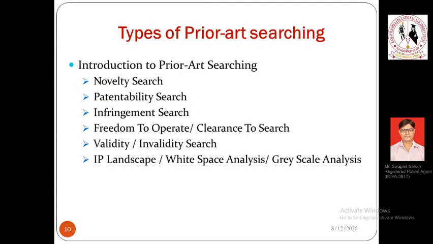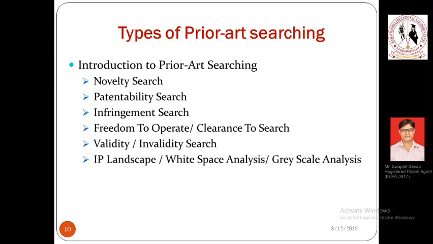As the name indicates, infringement: whether any product is copying my patent or technology, right? This is very important to understand here. So infringement search is always associated with a product and it is always in view of the patent document, right?